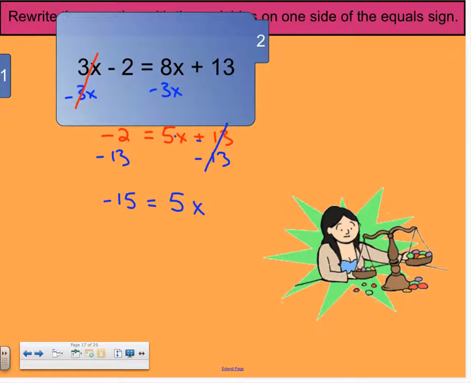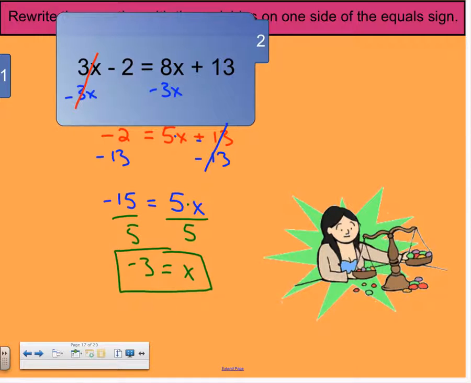Now we're nearly done. What's the next step? Donovan. Very good. We noticed that this is multiplication, so we're going to do the opposite operation or the inverse operation. Divide by 5. Divide by 5. x equals what? Negative 3. Okay? And make sure that we always check the answers.